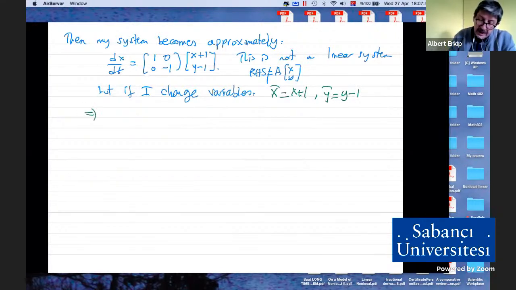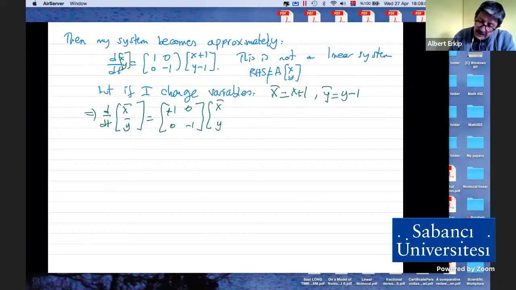Then d dt of x bar y bar equals 1, 0, 0, minus 1 times x bar y bar. So this is a linear system.